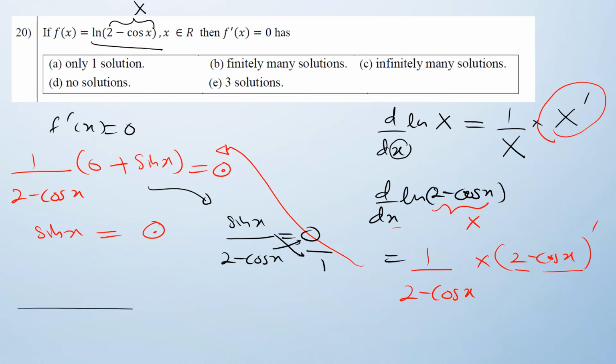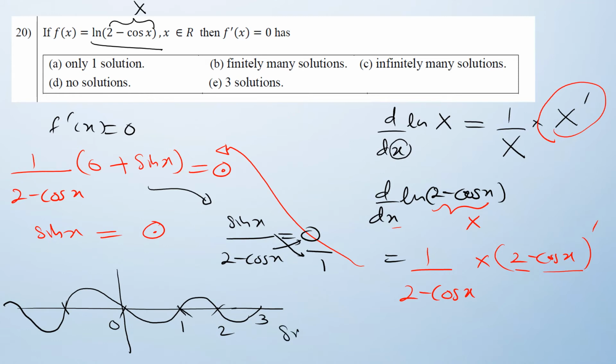Sin x is 0 at these points: when n equals 0, 1, 2, and 3, the values of sin nπ are 0. So we have infinitely many solutions, that is there in C.